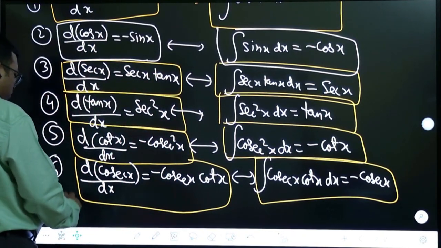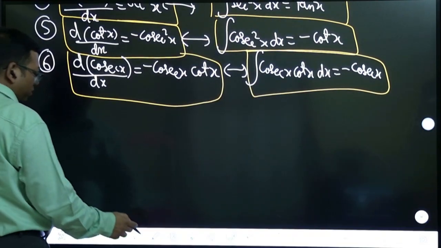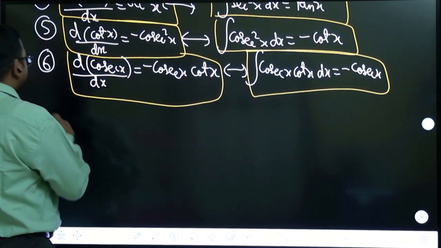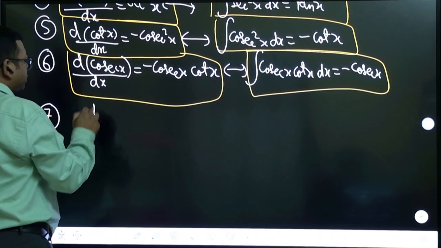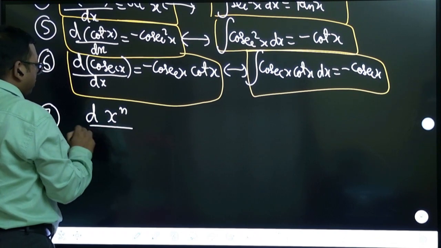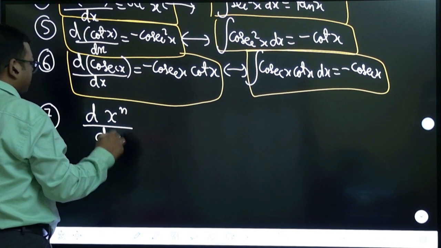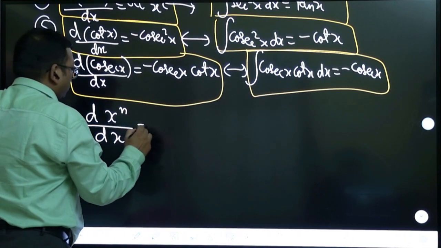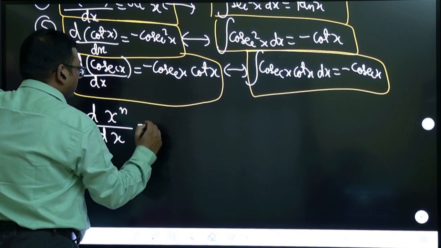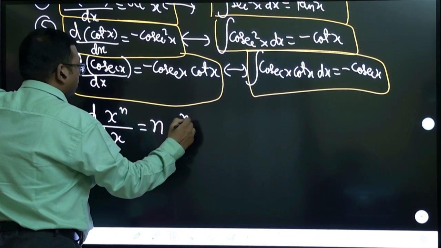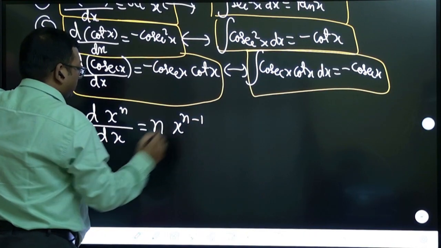More important formulas I will write now. If you remember, in differentiation formulas, we have seen differentiation of x power n with respect to x. This formula was n times x power n minus 1.